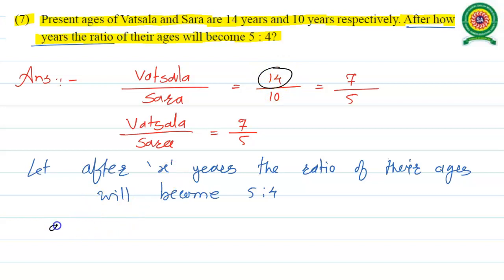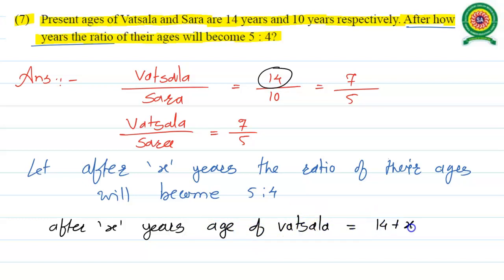So nowadays Vatsala is 14 years old. So after X years, I am writing the age of Vatsala: after X years, the age of Vatsala is equal to 14 plus X years. Same thing for Sara.